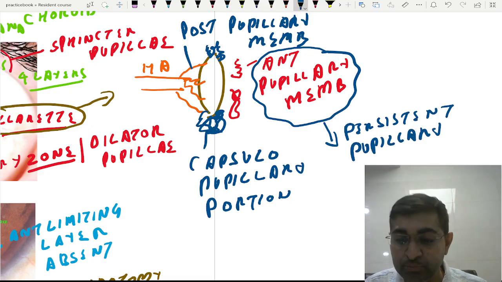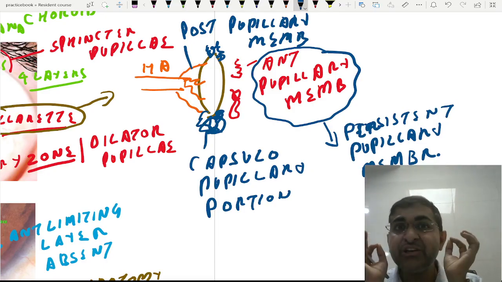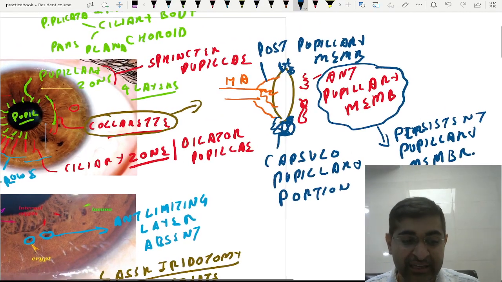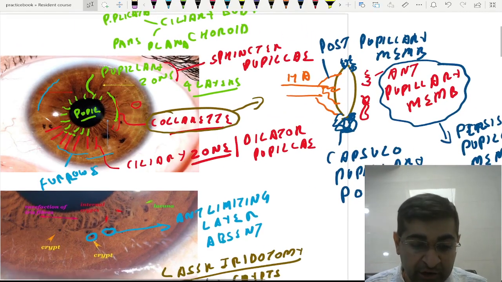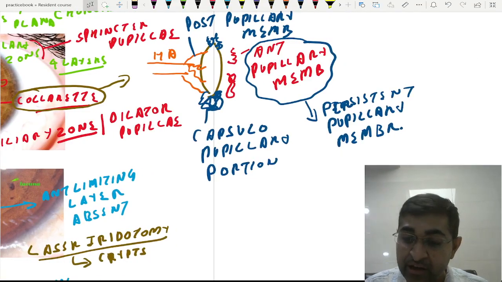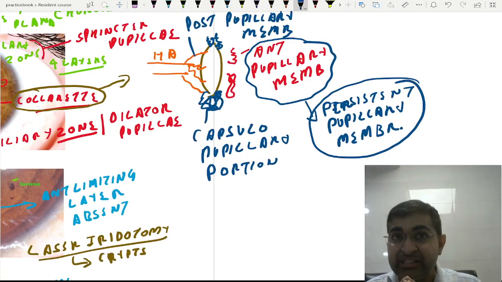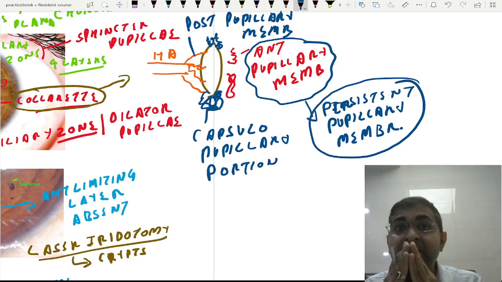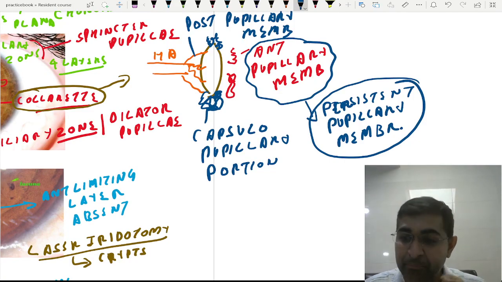So persistent pupillary membrane is the remnant of the anterior pupillary portion of the hyaloid artery. It depicts the presence of the anterior pupillary membrane, which is nothing but blood vessels.